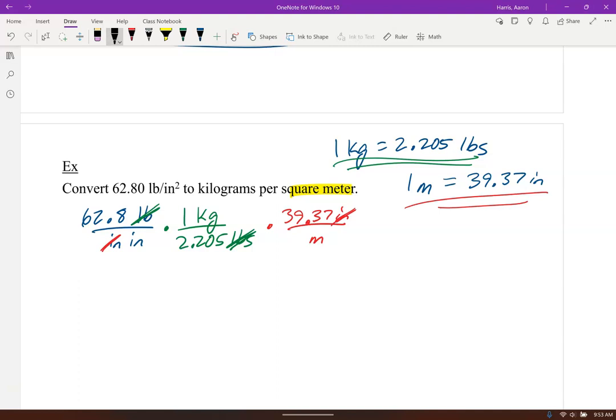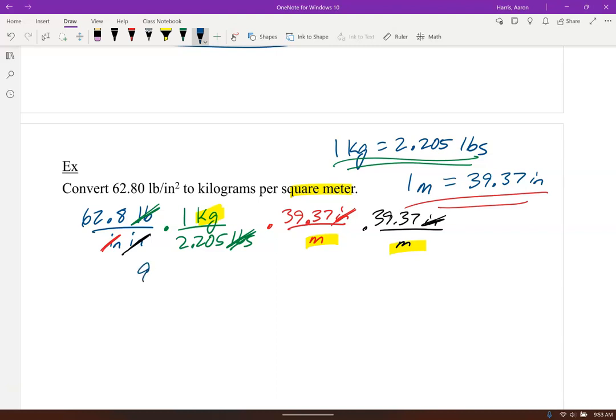I'm going to do it one more time. 39.37 inches per 1 meter. Second one's gone. And notice we are in kilograms per square meter. So we just got to multiply 62.8, all my numerator, times 1 times 39.37 times 39.37.